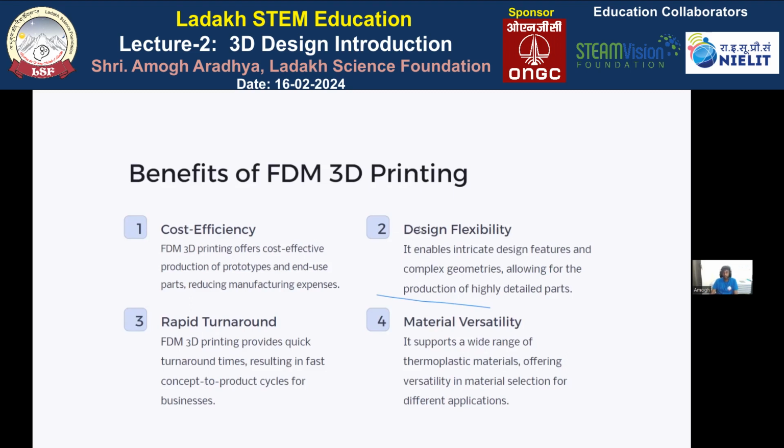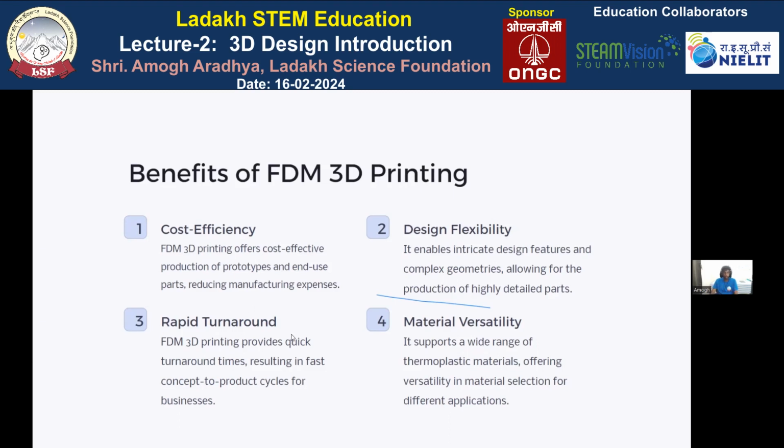The next is design flexibility. Conventional manufacturing processes like injection molding have lots of constraints, where you can only design parts above a certain size, like 2 mm, and they cannot contain complex designs. But in 3D printing, that is not the case. You can print any kind of part.